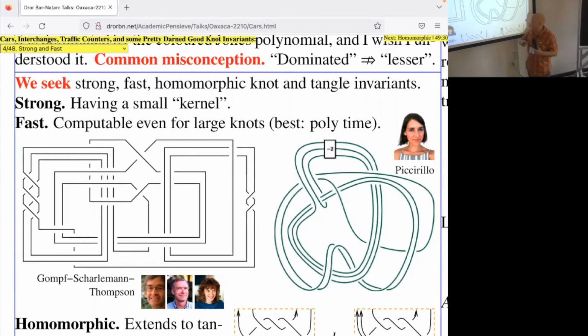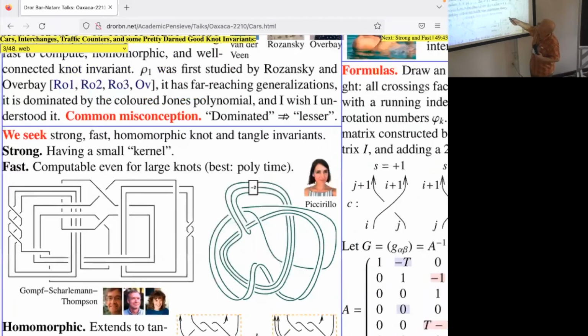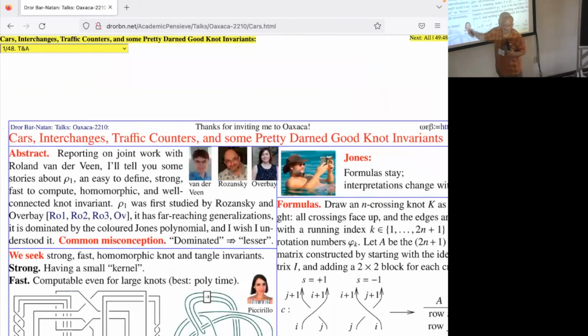Okay. So, and I looked in many different directions, and eventually it evolved into this quantum algebra business, which is actually directly related to earlier work by Rozansky and Overbay.